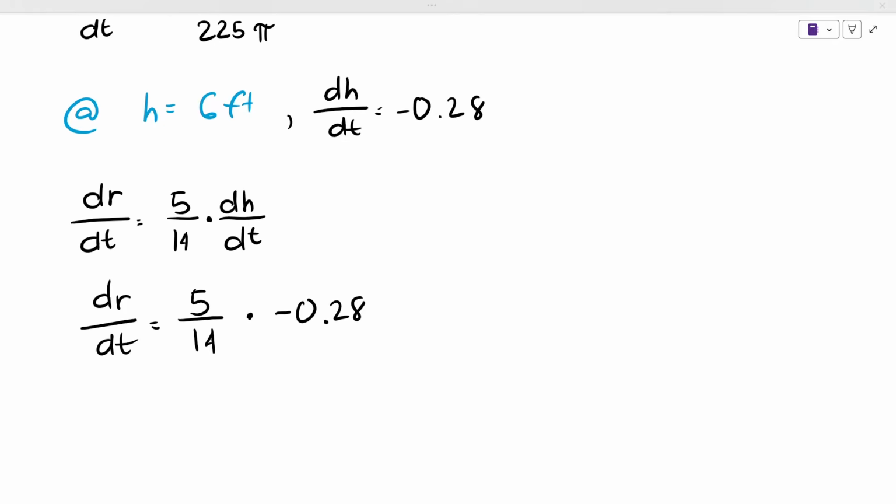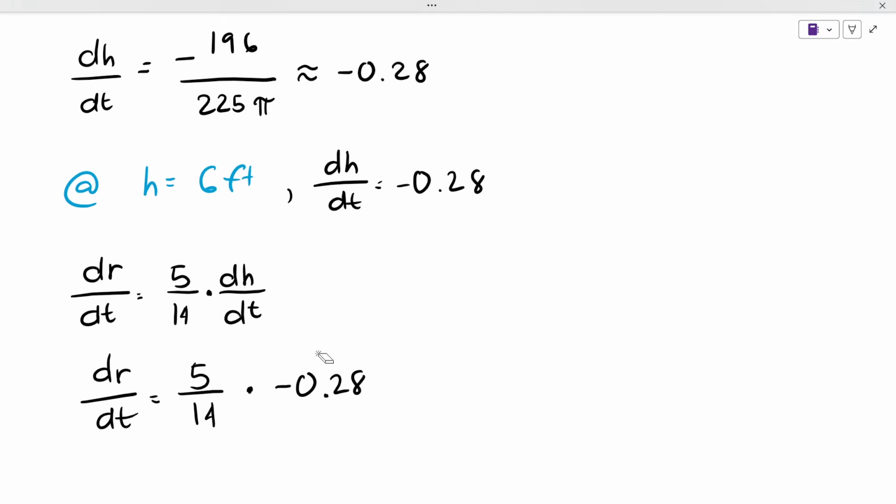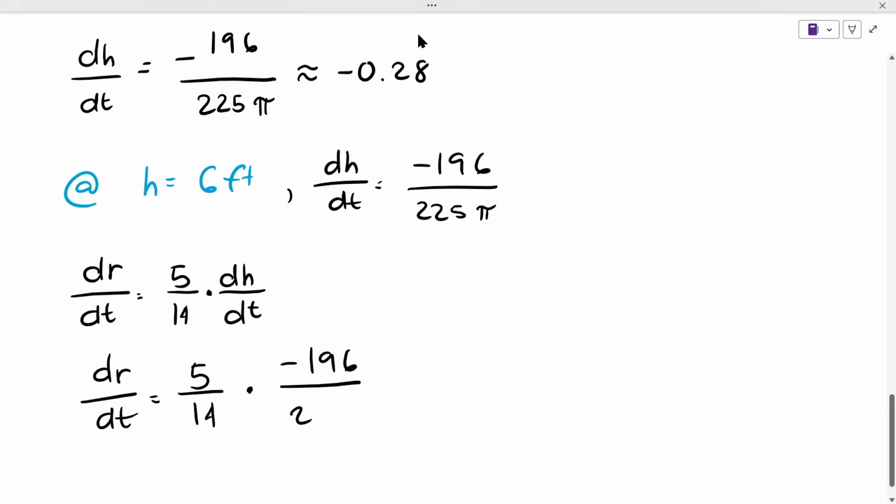Further simplify it. Actually, let's use this one, 196 over 225 pi.